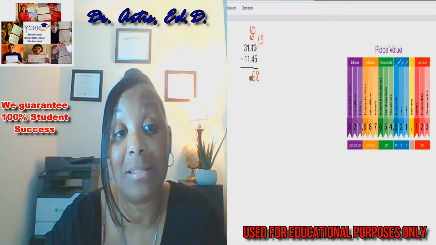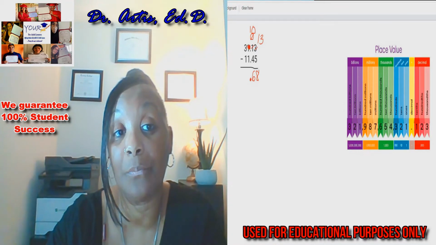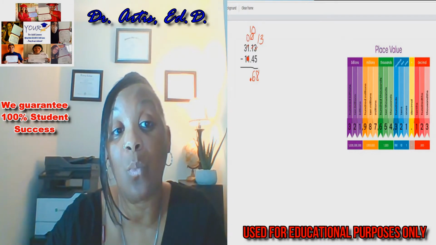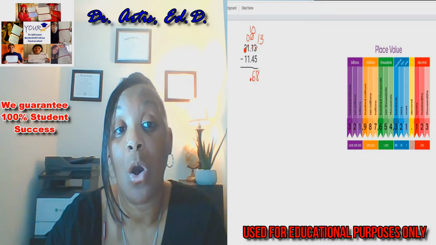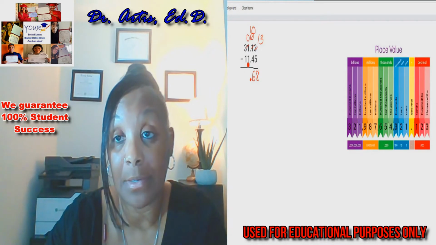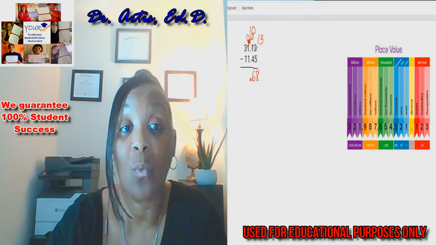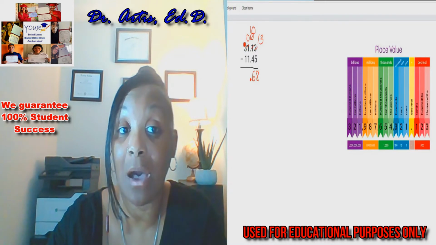Okay? We're going to align our decimals, so we're going to bring down the decimal. Now this 1, when we borrowed a 10 from the ones column, it actually became a 0. So now once again, we have 0 take away 1. Well, we know we cannot take 1 from 0. So again, we need to borrow from the next column.